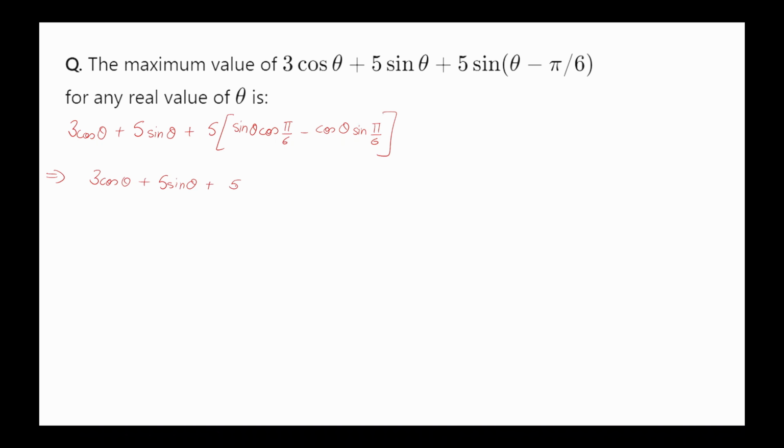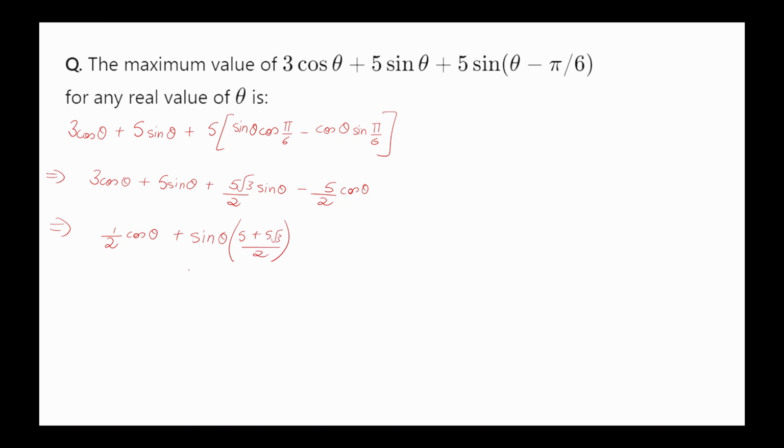So I would have 5 root 3 by 2 sin theta minus, and sin pi by 6 is 1 by 2, so I would have 5 by 2 cos theta. So basically this would become 1 by 2 cos theta plus sin theta times 5 root 3 by 2.